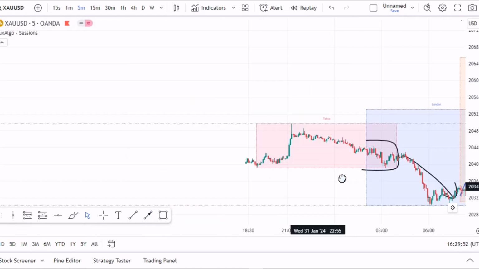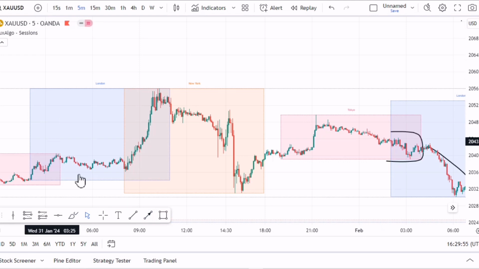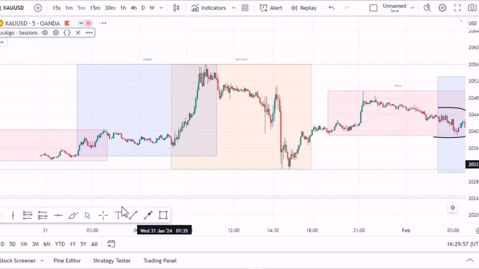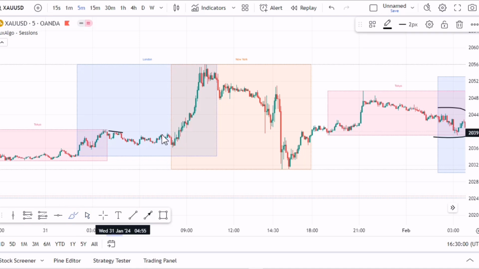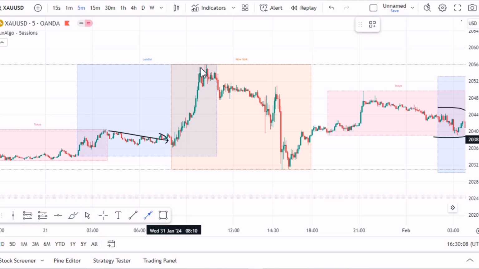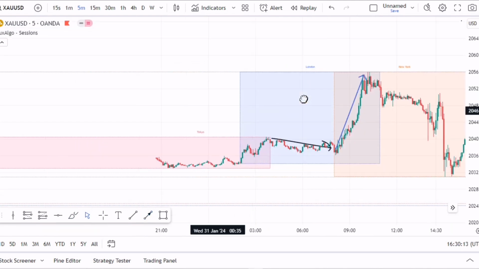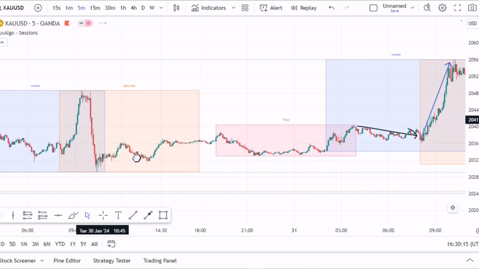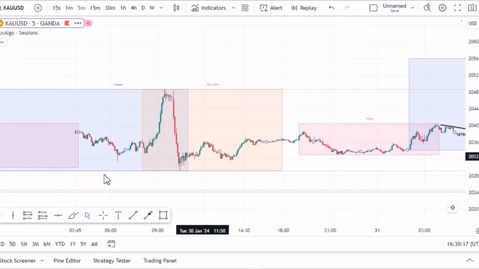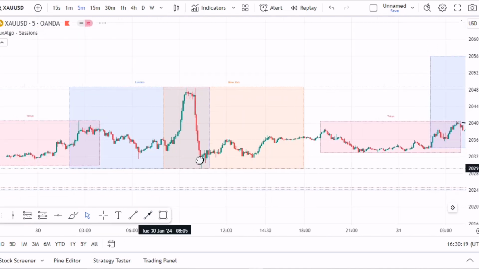Let's check some more examples. See that on London alone, if you take your average, price was selling, and then when the New York session opened, the spike was in the opposite. You can kill gold every day with this thing, every other single day.